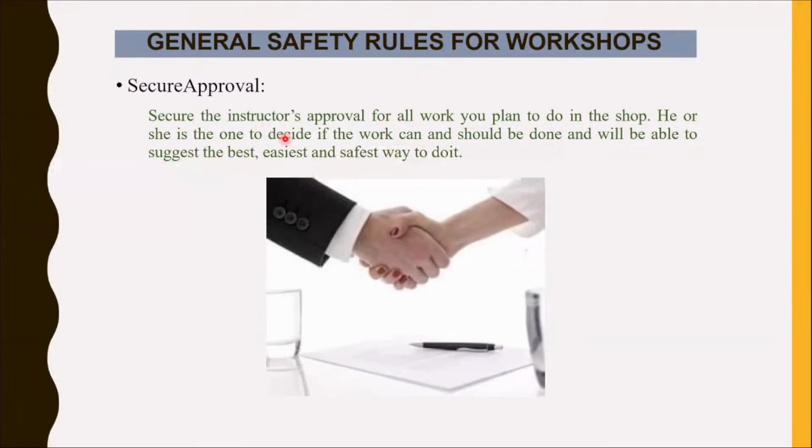He or she is the one to decide if work can and should be done, and will be able to suggest the best, easiest, and safest ways to do it. So you can get the support from a supervisor or some kind of instructor to carry on your work safely, right? You can get that approval from that person, okay?